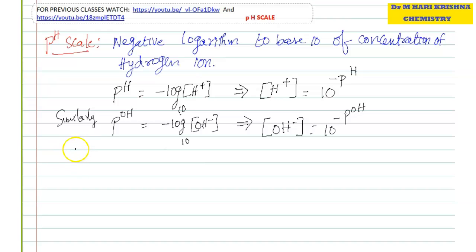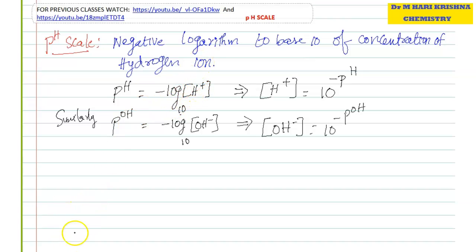The negative logarithmic value of concentration of H plus is known as the pH scale. Here the base of log is 10. So log means base 10, ln means base e.